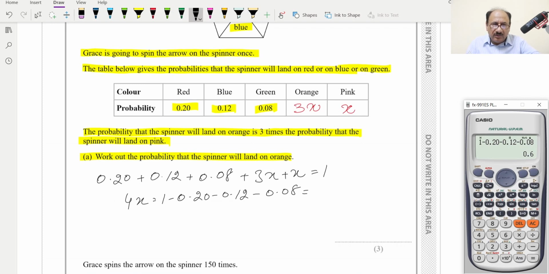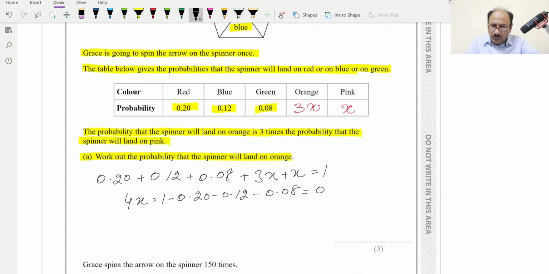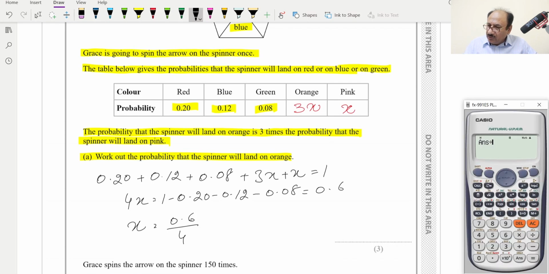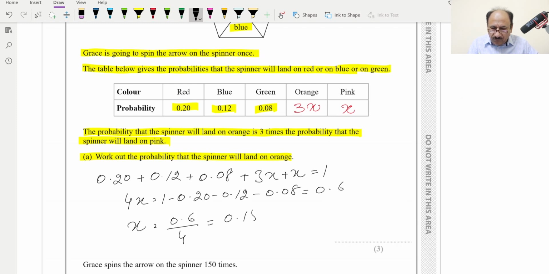So we can write here 0.6, and x value will be equal to 0.6 divided by 4. So this one divided by 4 is equal to 0.15. So x value is 0.15.